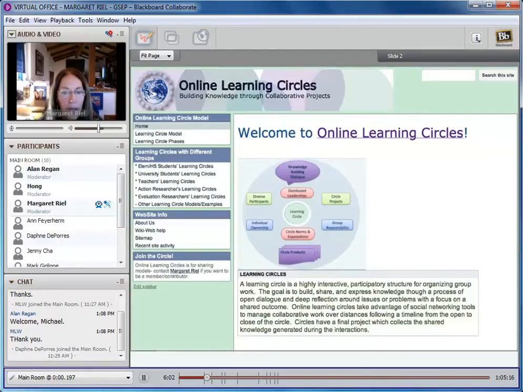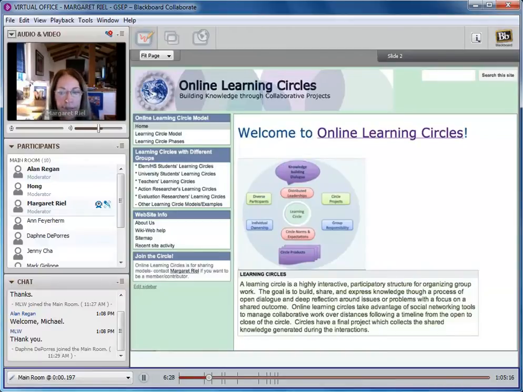So basically a learning circle is a highly interactive, participatory structure for organizing group work. That's what I said when I started out. This is a way to help students learn how to work together effectively. The goal is to build, share, and express knowledge through a process of open dialogue and deep reflection around issues or problems with a focus on shared outcomes.